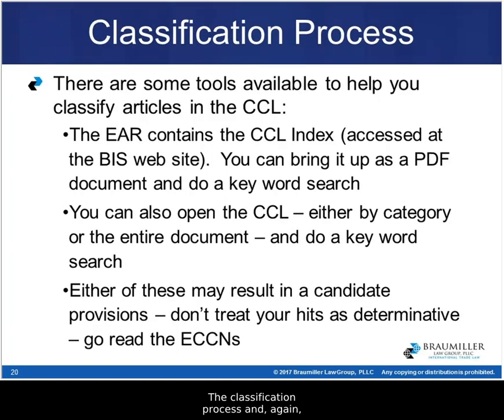The classification process, and again, that's really what I'll be talking about, but some of the tools that are available for use: there is an index, basically a table of contents, and it is helpful to review that, even as a starting point. If you have a description of your article or your item or your software, you can check the index first.